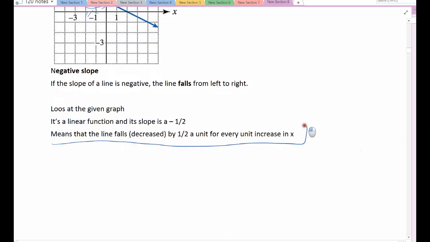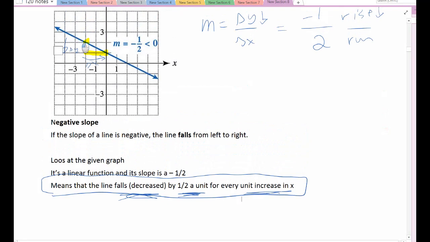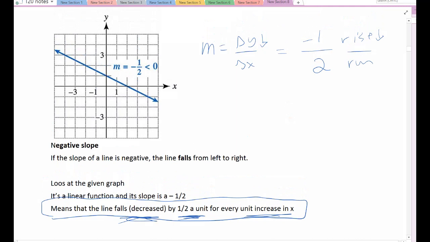And again, what that means, it's always important to understand what it means. Slope is telling me something important. That important aspect is the fact that my function is negative, so it decreases, and I know how much it decreases. It decreases by 1/2 unit for every unit increase, and we always talk about it in a unit increase. So if I look at x, when I change x by 1, my function decreases by 1/2 of a unit.